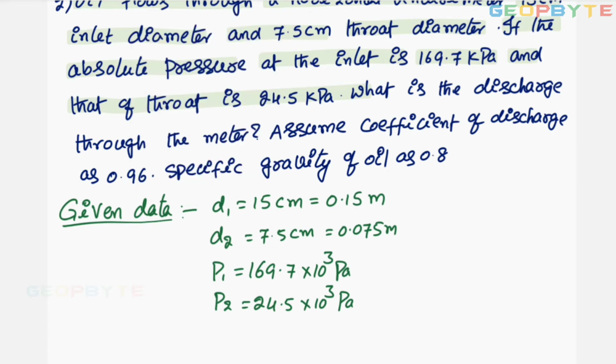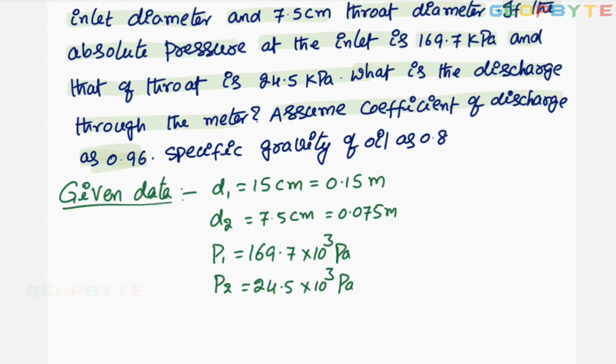What is the discharge through the meter? Here meter means venturimeter. Assume coefficient of discharge 0.96, and specific gravity of the oil as 0.9.